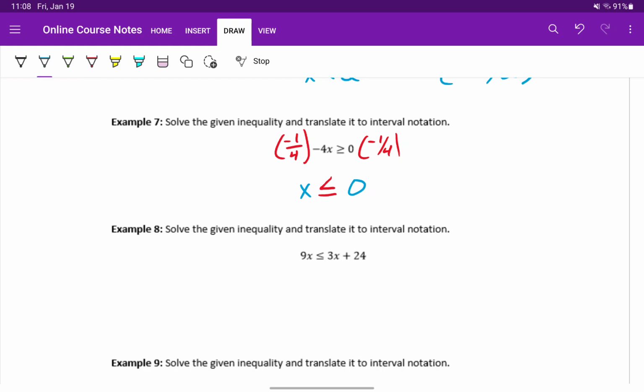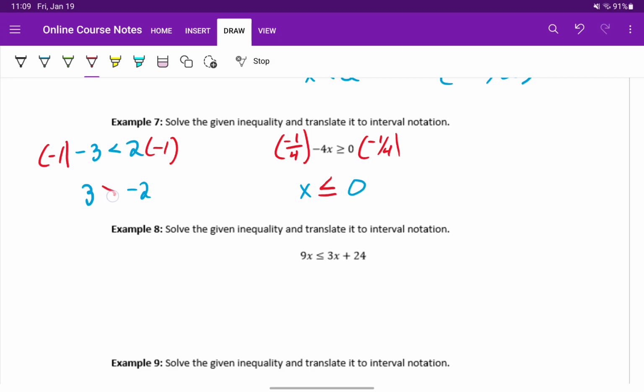Off to the side, we can quickly demonstrate why we need to flip the direction of that inequality. If we started off with, for instance, something like -3 is less than 2, and then multiplied or divided both sides by -1, we would get +3 and -2. If we kept a less than symbol, that statement would be false.